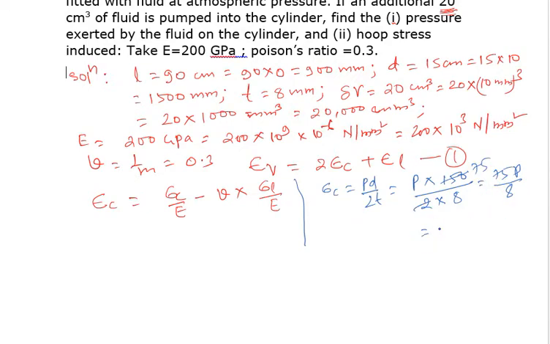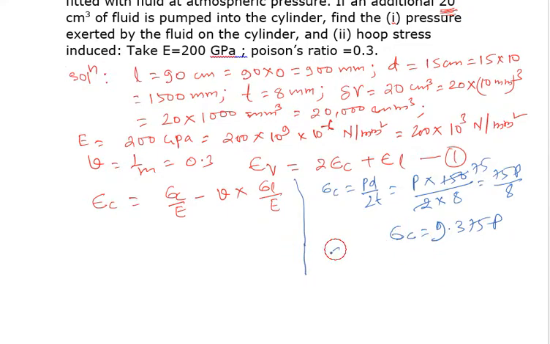If we divide 75 by 8, it is equal to 9.375 P. So we obtain the value of sigma C.